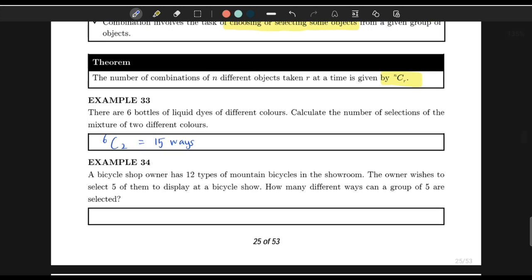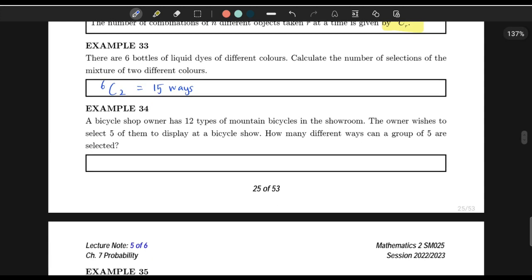Example 34. A bicycle shop owner has 12 types of mountain bicycle in the showroom. The owner wished to select 5 of them to display at the shop. How many different ways can a group of 5 be selected?